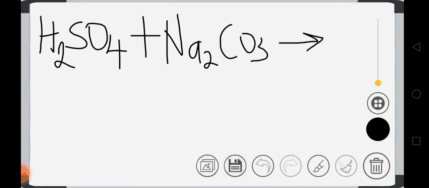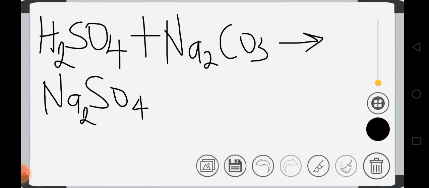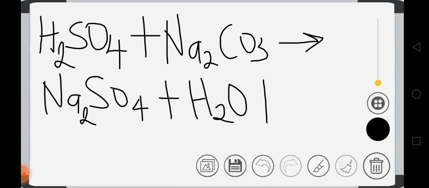This will give us Na2SO4 plus water, because it's a neutralization reaction, H2O. Then carbon dioxide, CO2, will also be involved. So this is the equation of reaction we are going to have.